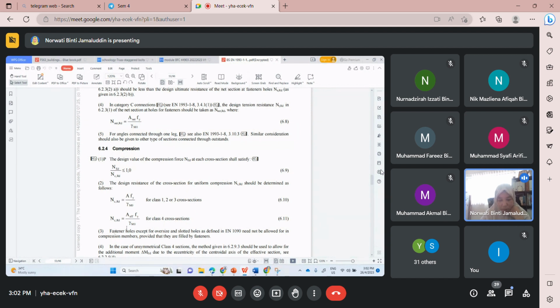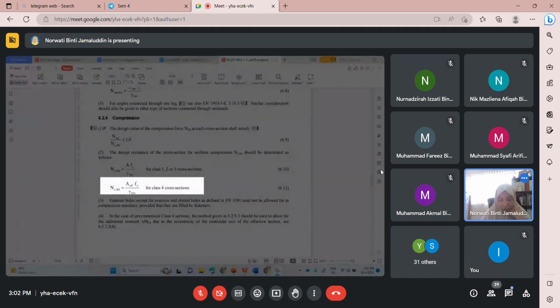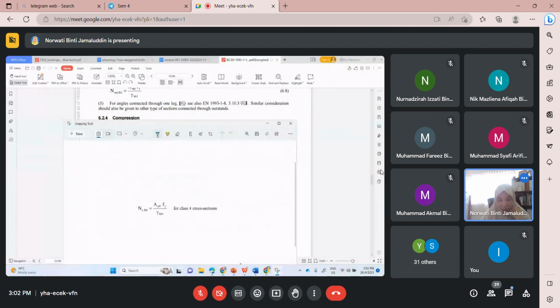This element falls into class 4 section. So this one, A effective. So where to determine FY? 355, remember Newton per mm squared.